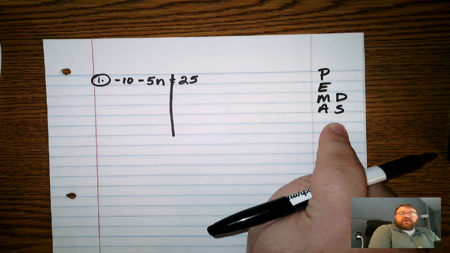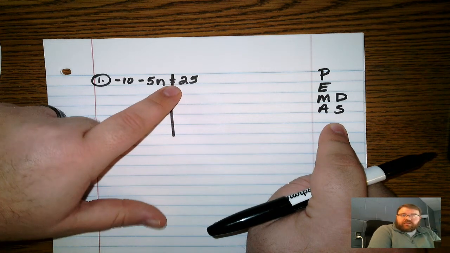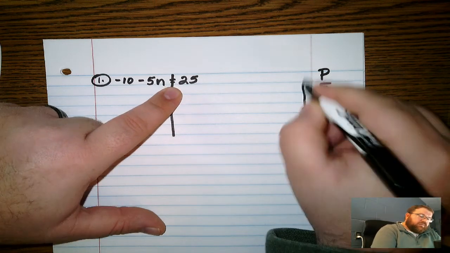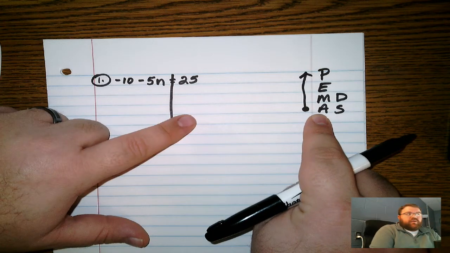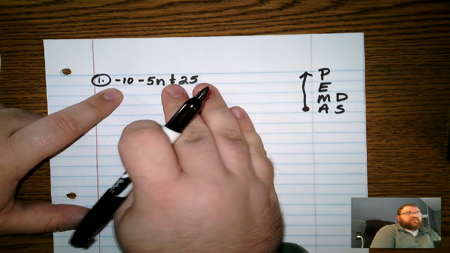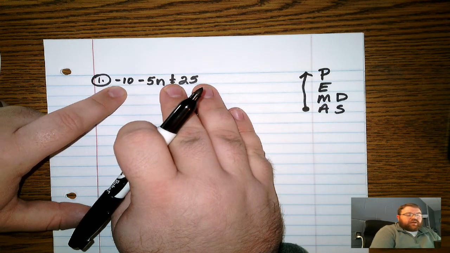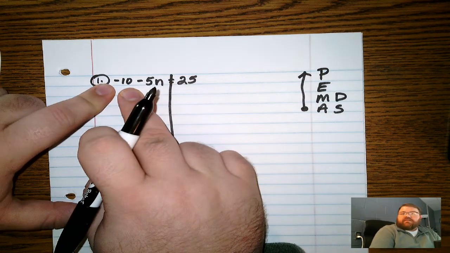To solve equations, and that's what this is because it has an equal sign, it's an equation, we do order of operations backwards. So we first focus on addition and subtraction. So what we want to do is look to the side where our variable is found, and ask ourselves, is there anything trying to add or subtract? And there is. We have this -10.